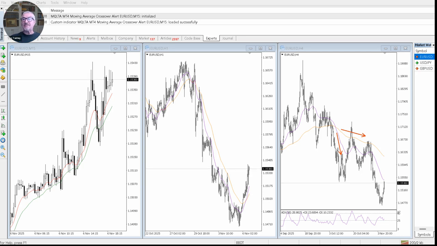And price, if in this case we have a downtrend, price must be below the fast EMA to confirm that. In an uptrend, we would have to have price above the fast EMA to confirm that it's a good uptrend.